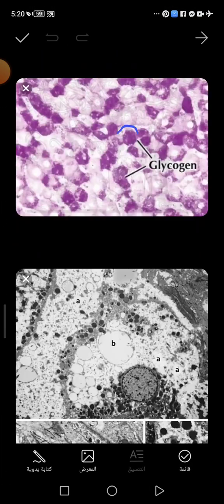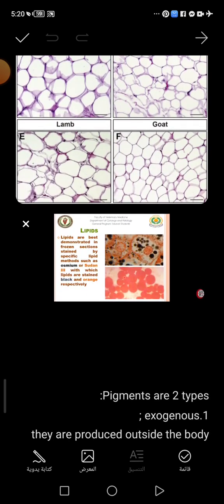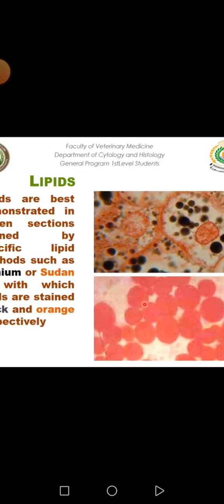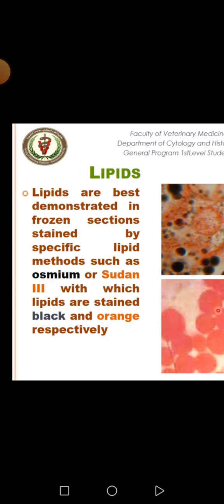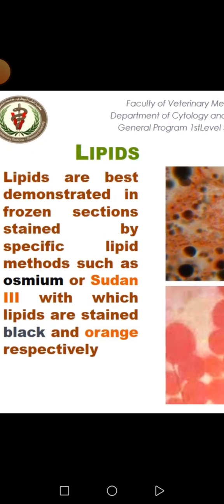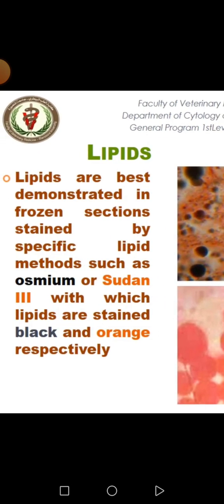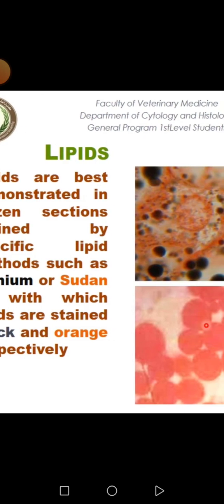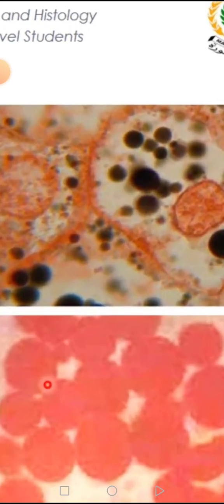After that, we come to lipid appearance using special staining techniques. For lipids, frozen sections are the best. Lipids are best demonstrated in frozen sections stained by specific lipid methods such as osmium or sudan stain.